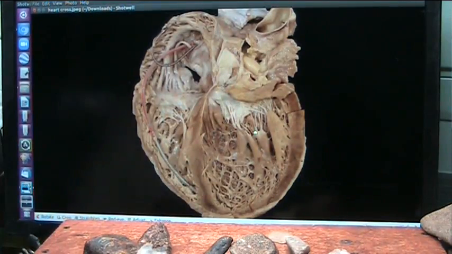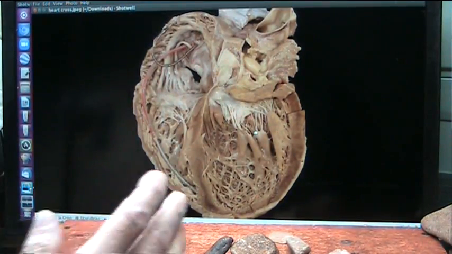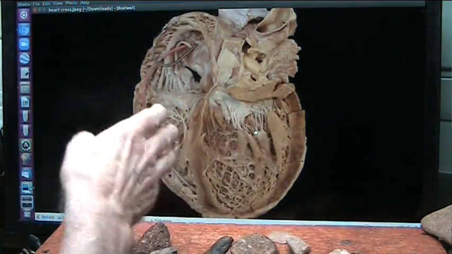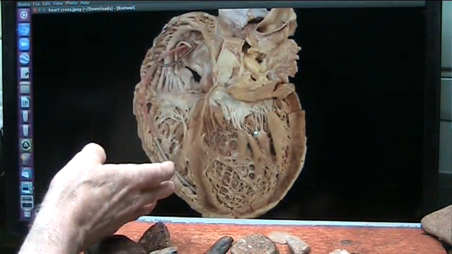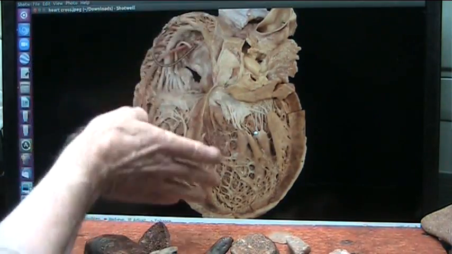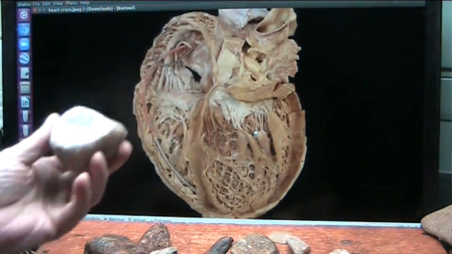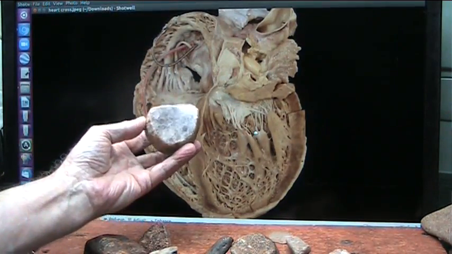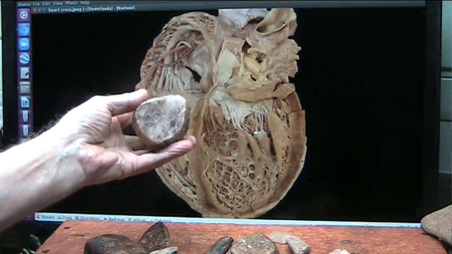All right, I'm just going to get you familiar with how opals attach and what kind of tissues they attach to. This is just obviously a heart that's been dissected and cut across. Now, this is also a heart. And that was basically the same thing, only this is what they call water opal.